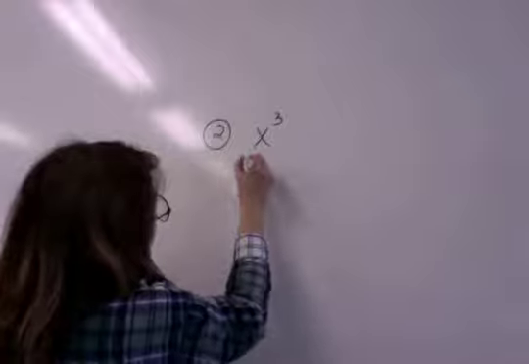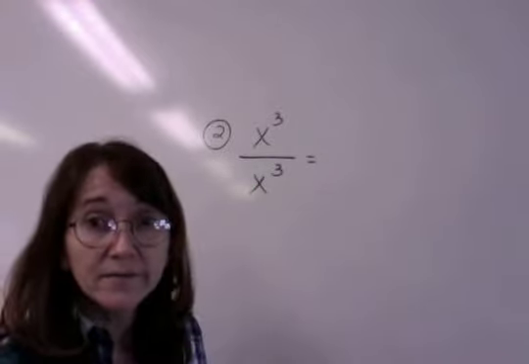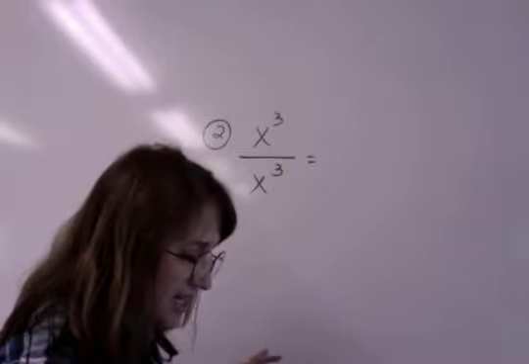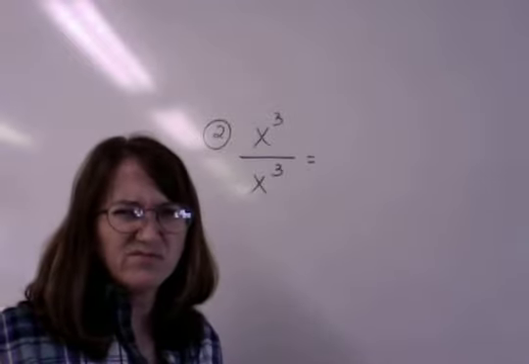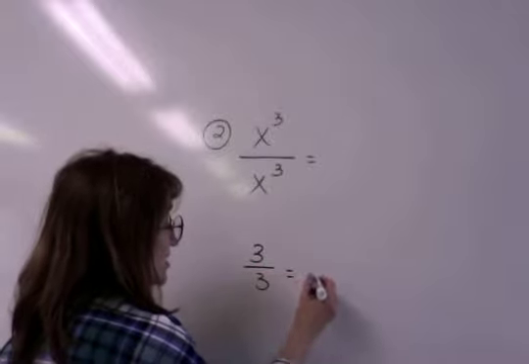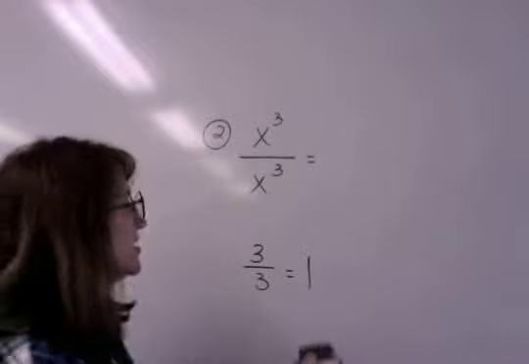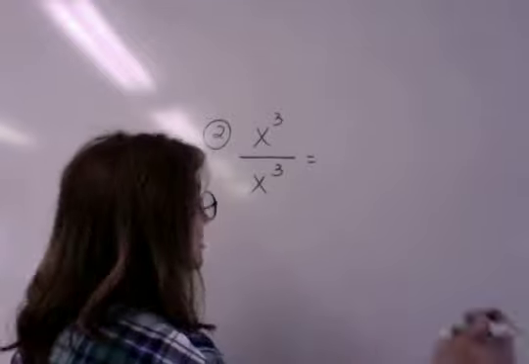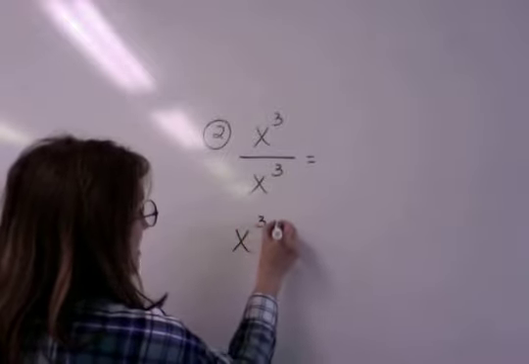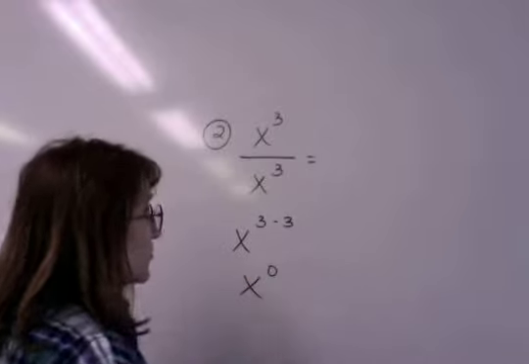So we have x cubed divided by x cubed, and here it comes. Technically, x cubed goes into x cubed one time, so it's going to be a 1, just like 3 divided by 3 would end up being 1. But let's actually try to subtract the exponents. If I had x to the 3 minus 3, that would be x to the 0 power.